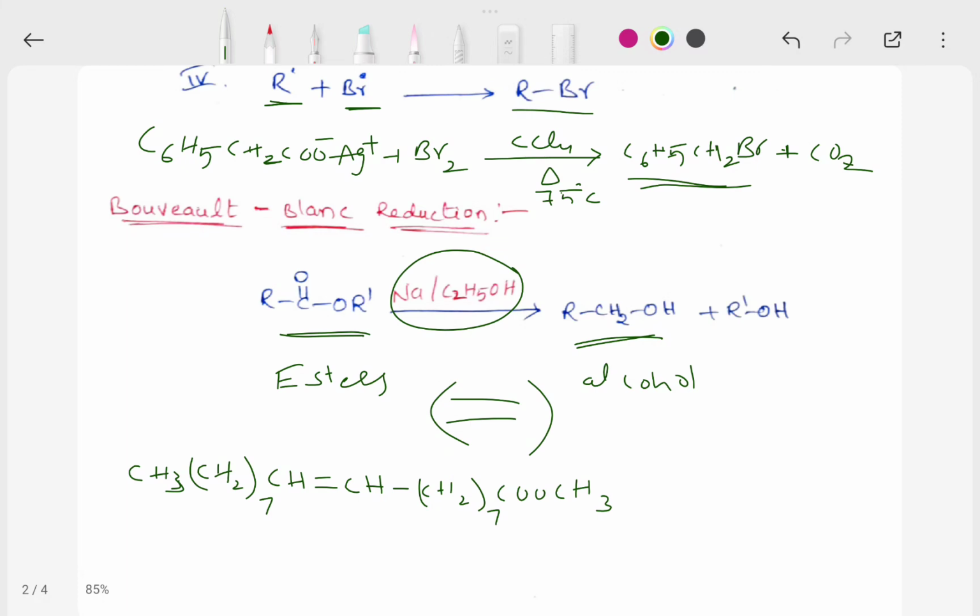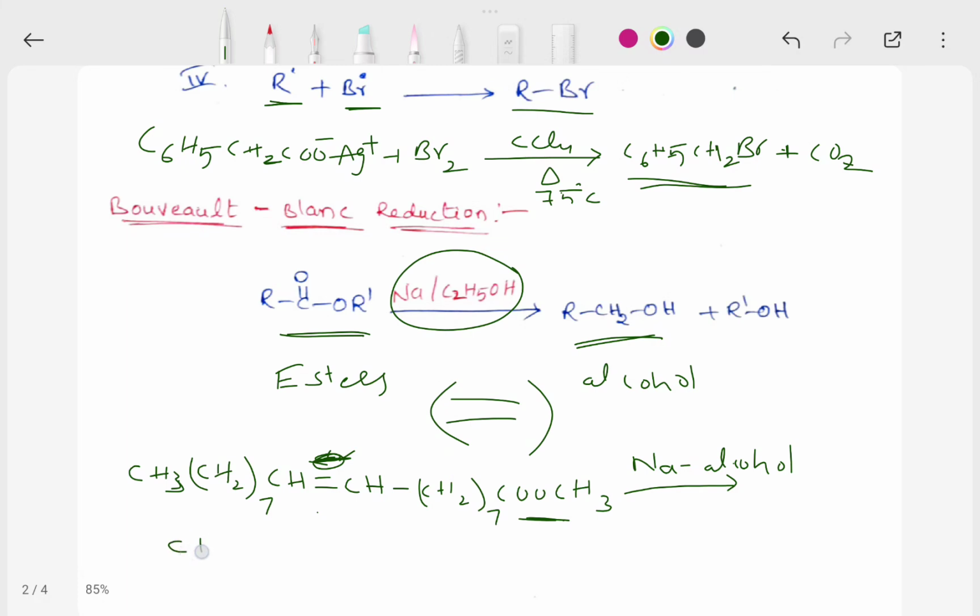This is called methyl oleate. In the presence of sodium and alcohol, what is happening here? Only the ester group will be reduced, but it cannot affect the CH=CH double bond. Here a C double bond O group is there.